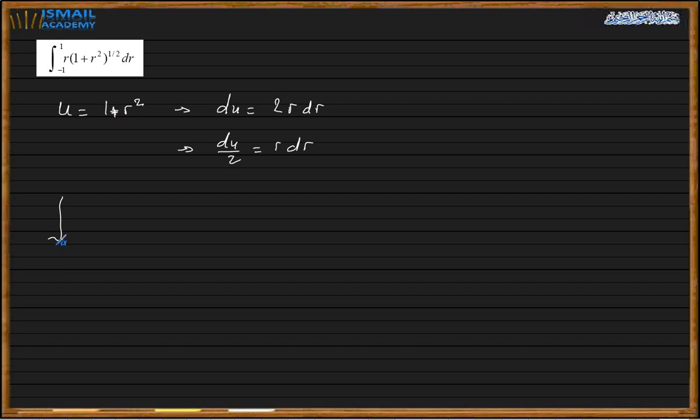So when r equals minus 1, it's going to be 1 plus 1, which is 2, and when r equals 1, it's going to be 2, and here will be u to the half, and r dr will be du over 2. So here you don't have to go further because the boundaries are the same. And keep in mind, if I have the integral of f of x dx with the same boundaries, it is always 0, so you don't have to go further, just stop, and this is 0.